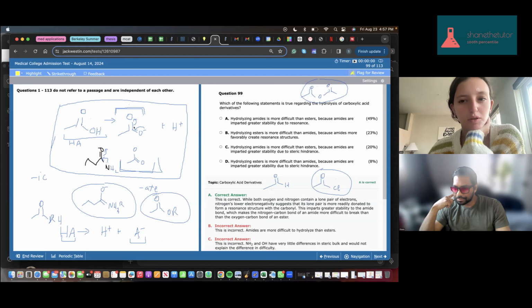Wouldn't an anhydride be the most stable because of the structure? But I guess it doesn't have a charge.